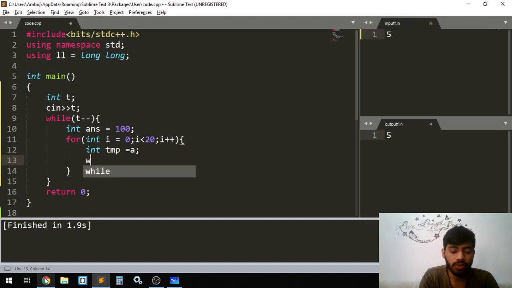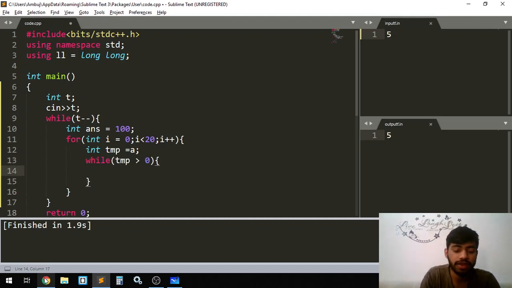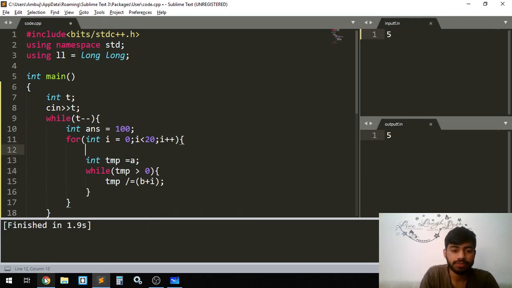Okay, so now while temp is greater than 0, just divide temp, so temp divide equals b plus i. Now the first ambiguity that can arise is if b is equal to 1.